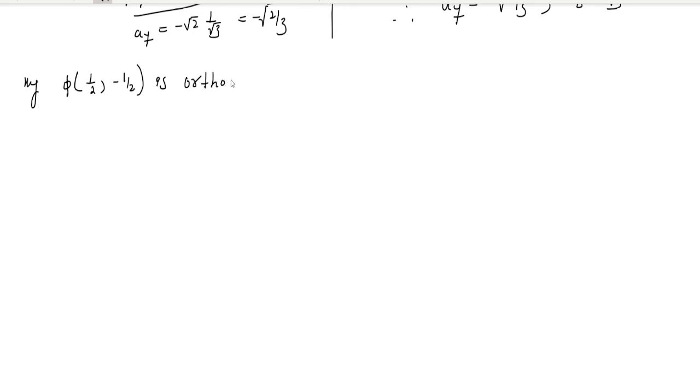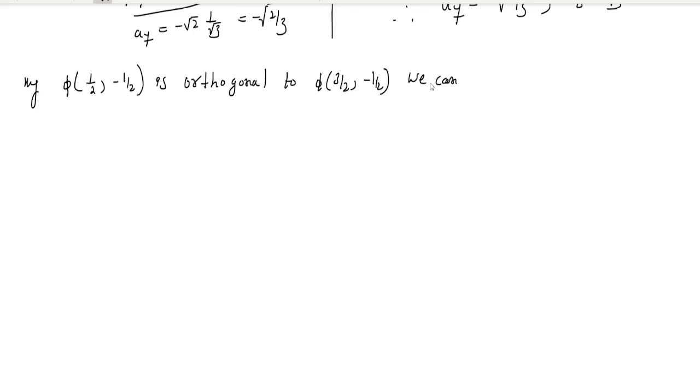Similarly, if you apply the orthonormal and orthogonal condition, similarly, if you apply this, state 1 divided by 2, minus 1 divided by 2 is orthogonal to wave function psi 3 divided by 2 comma minus 1 divided by 2.